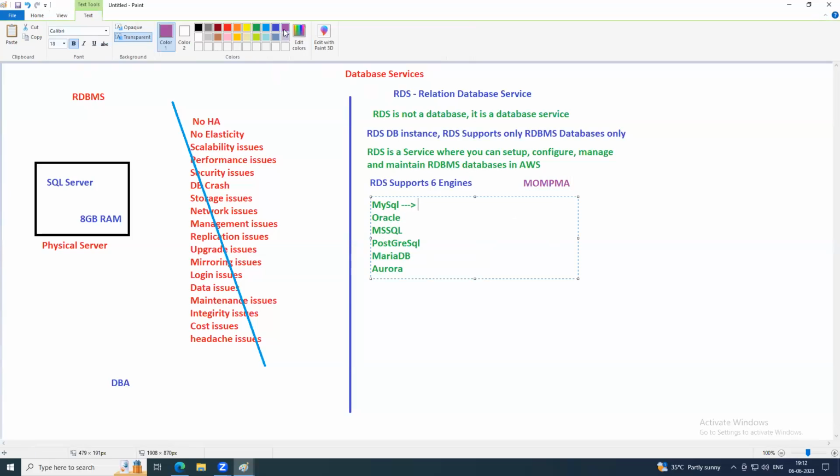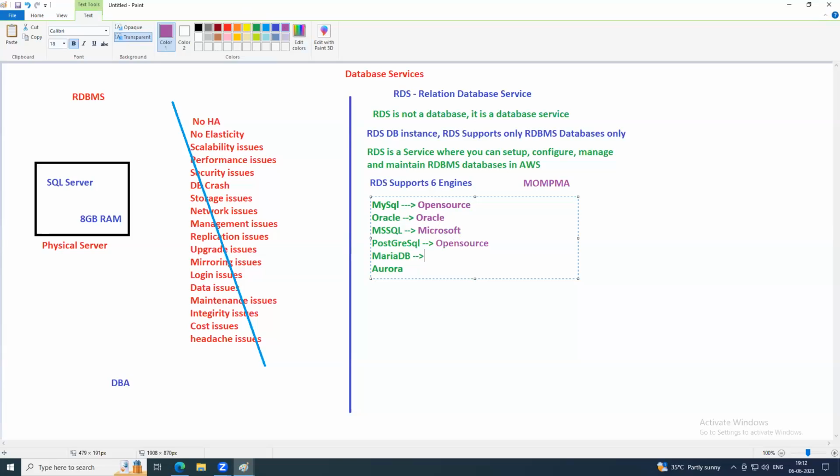MySQL is open source. Oracle is from which company? Oracle itself. MS SQL is from which company? Microsoft. Postgres, again, is open source.